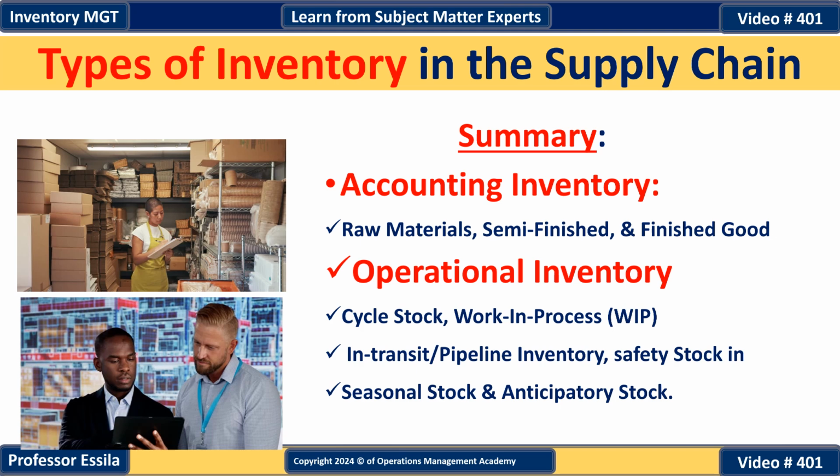Accounting inventory types include raw material, semi-finished goods, and finished goods. Operational inventory includes cycle stock, work in process, also called WIP inventory, in-transit inventory, also called pipeline inventory, safety stock, seasonal inventory, and anticipatory inventory.